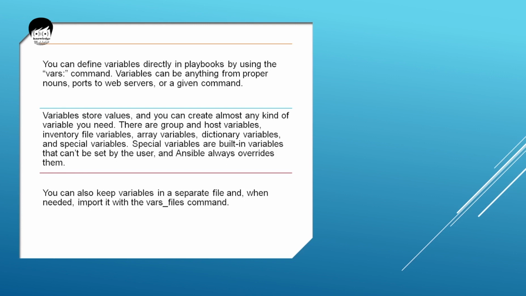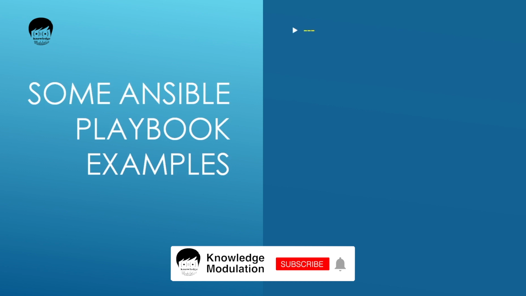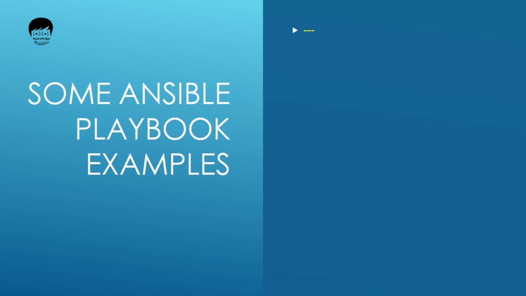So while writing playbooks, you need to understand what variables are and the YAML format. There are some Ansible playbook examples, like three dashes, or three hyphens. Whenever you write any playbook or any YAML file, it should start with three hyphens. It's the standard format.